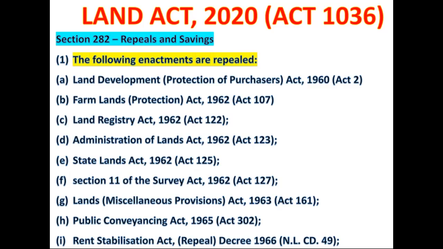D. Administration of Lands Act, 1962, Act 123. E. State Lands Act, 1962, Act 125. F. Section 11 of the Survey Act, 1962, Act 127. G. Lands Miscellaneous Provisions Act, 1963, Act 161. H. Public Conveyancing Act, 1965, Act 302.